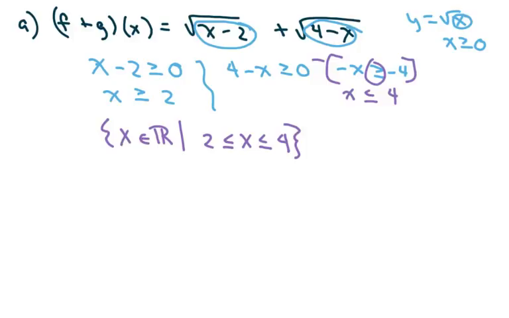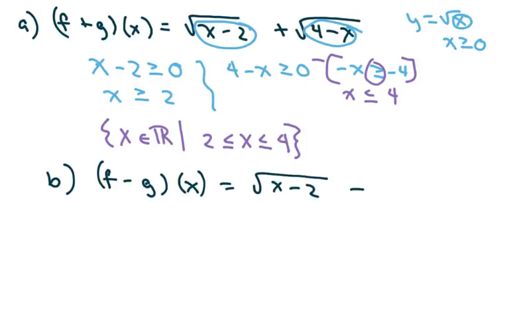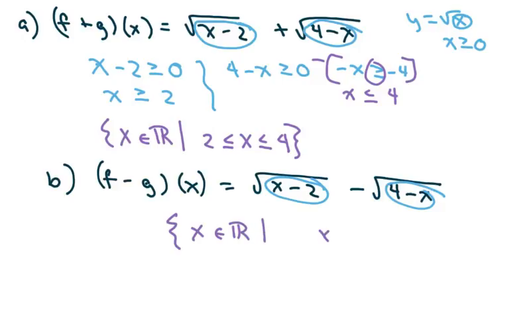Now for the minus part, we get the same thing: the square root of x minus 2 minus the square root of 4 minus x. It's the same domain, because you set both of these to be greater than or equal to 0. It's all real numbers such that x is between 2 and 4, inclusive of both 2 and 4.